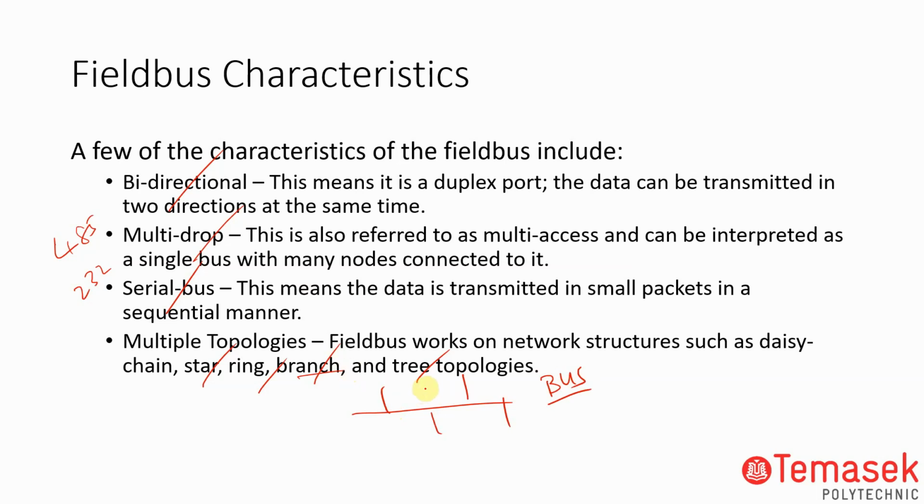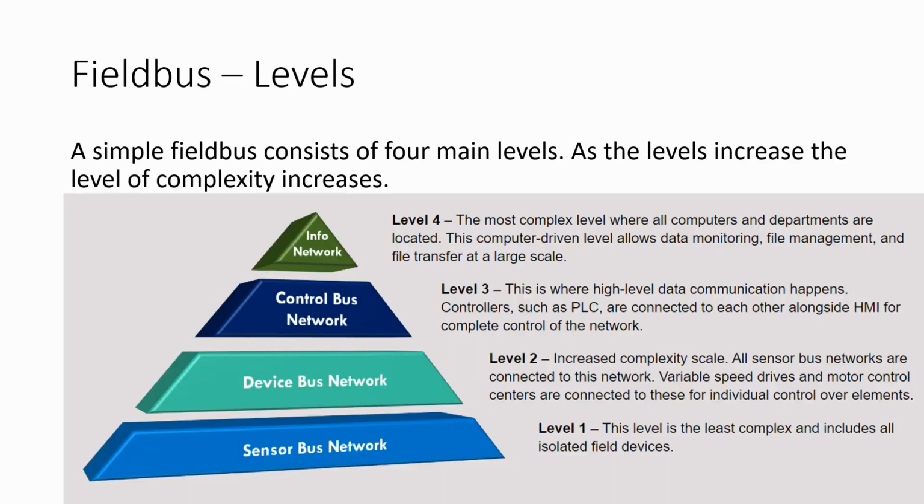And then who does the communication first? It can be random. So you need to go to the logical level. It's not just purely the physical design. So fieldbus has several levels. At the lowest level, they can have a sensor bus network. Least complicated.